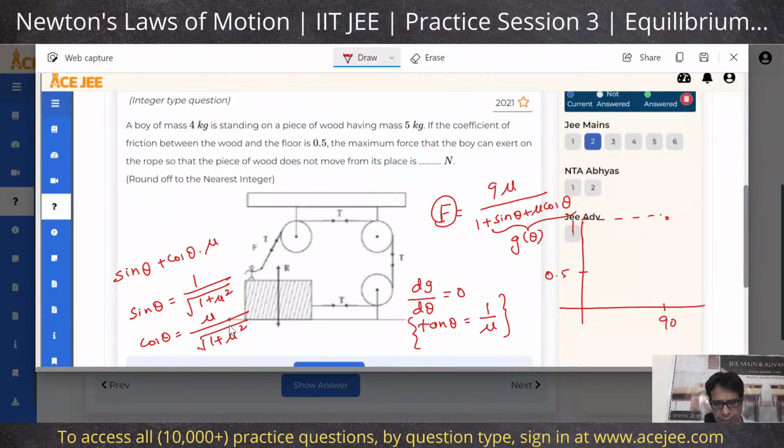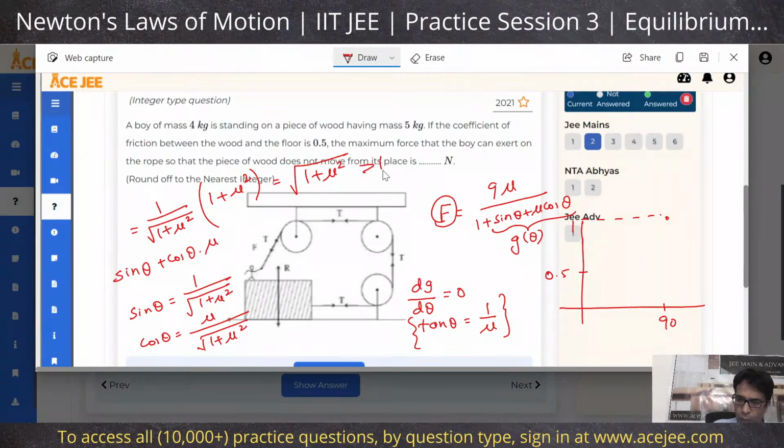Let me just check something. Yep. So what do we get then? Sine theta is 1 by square root of 1 plus mu squared, and at the top we will have 1 plus mu squared. So you get square root of 1 plus mu squared, which is greater than 1. That means the value at tan theta equals 1 by mu is actually greater than 1. This is a maximum. We are interested in the minimum. Minimum value is 0.5.